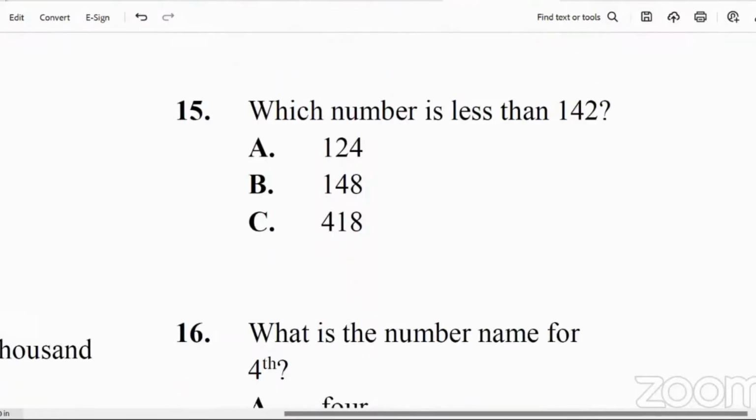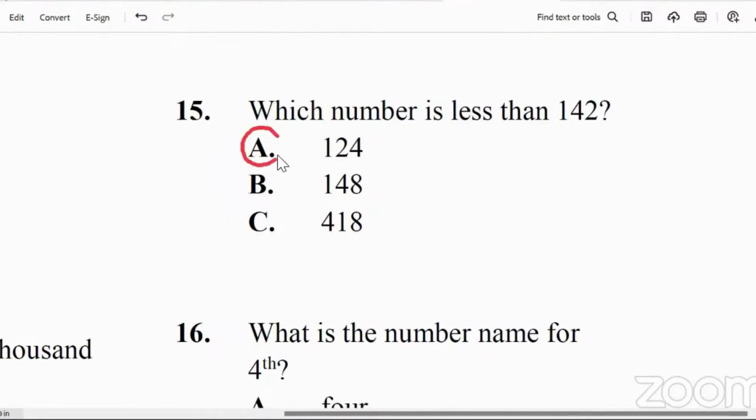Moving on to question 15. Which number is less than 142? All right, so sometimes we can just eliminate some answers that would be obviously incorrect. 418, that could not be less than 142. All right, so we look at option B and A. A says 124. Okay, 124 is less than 142. 148 is more than 142.